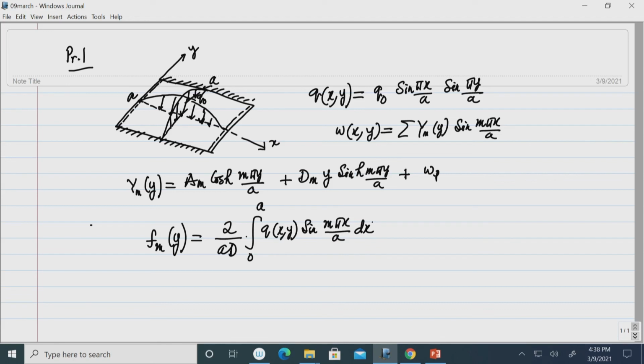Okay. Now, here the q x y is given as the distributed load in the form of the sinusoidal function. So, twice a D, amplitude of the loading is q naught. I have taken it as a constant and taken outside the integral sign. So, inside the integral we have this function.